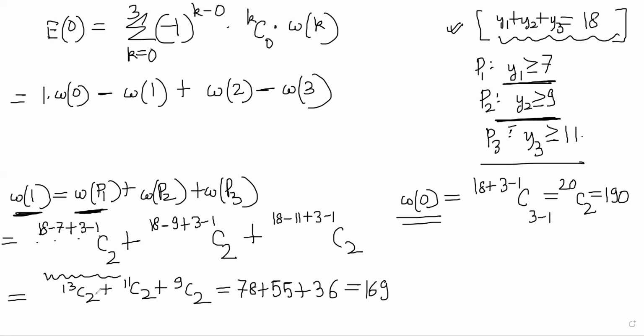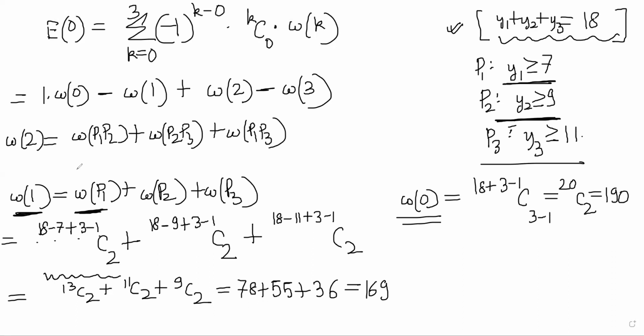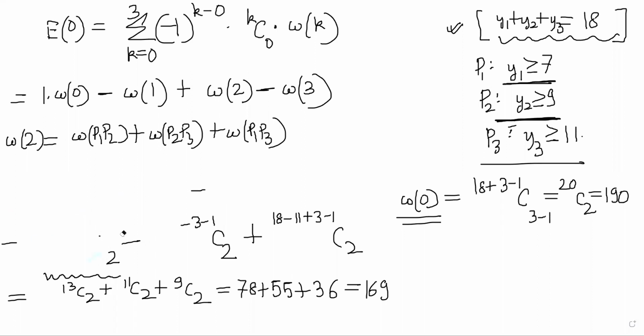So that is your W of 1, which is elements that satisfy any one of the properties, right? Now we calculate W of 2 in a similar way. W of 2 will be basically W of P1, P2 plus W of P2, P3 plus W of P1, P3, right? These are the three possible ways in which you can have two properties satisfied. So that calculation also is done in a similar manner, we'll just do it here.